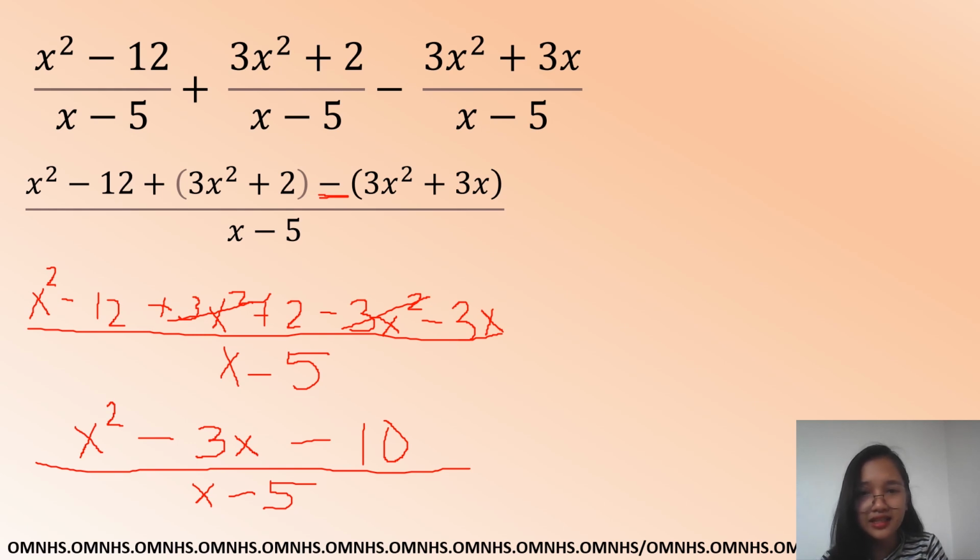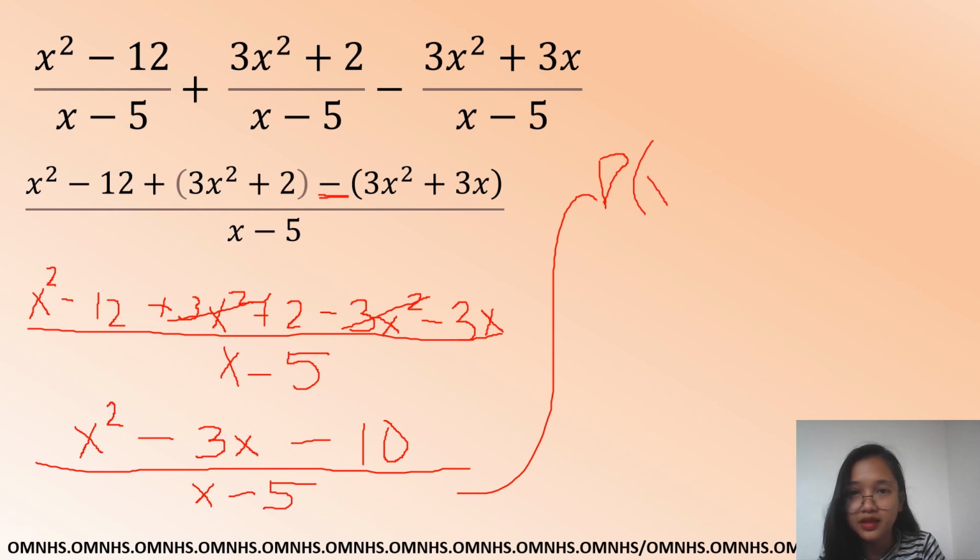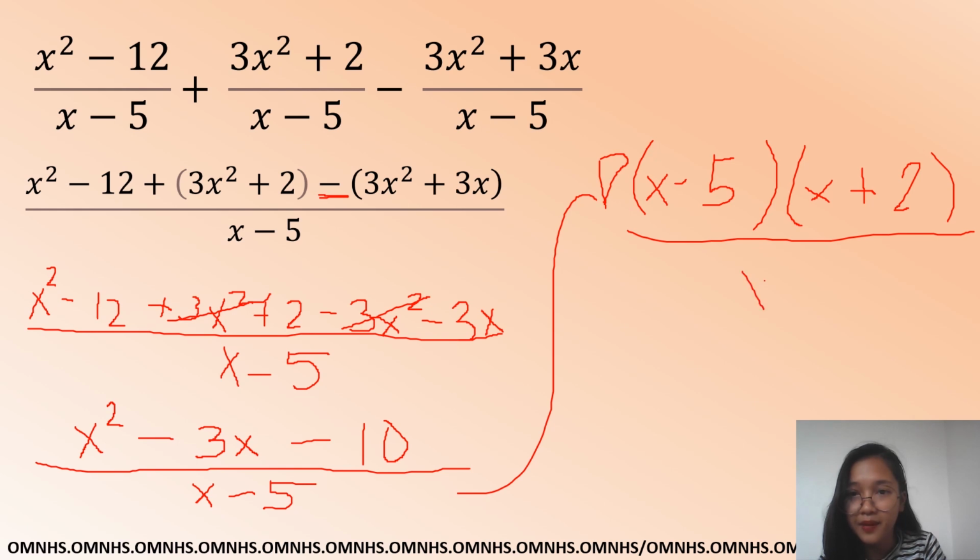So as you can see, the trinomial can still be factored. Okay. So its factors are x minus 5 and x plus 2, all over our denominator, x minus 5.